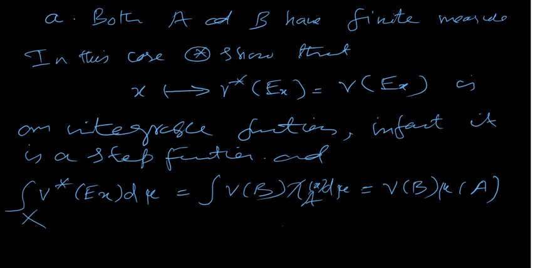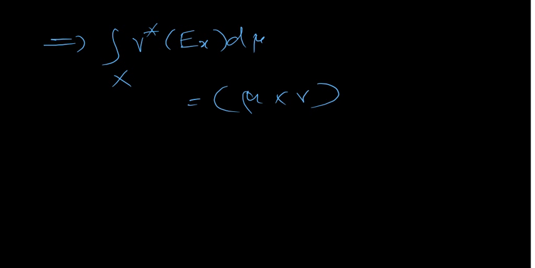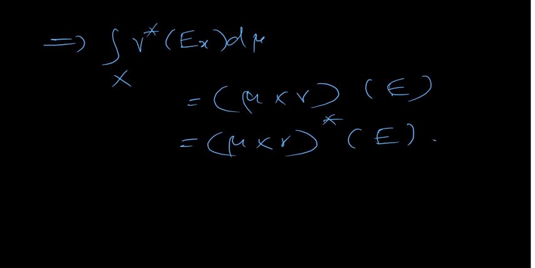Its value is this, which is equal to mu of A times nu of B. That's equal to mu cross nu of A cross B. That implies the integral over X of nu star of E_x d mu is equal to mu cross nu of E, which is the same as mu cross nu star of E, because E is a member of the sigma ring, and this mu cross nu star is the extension of mu cross nu.